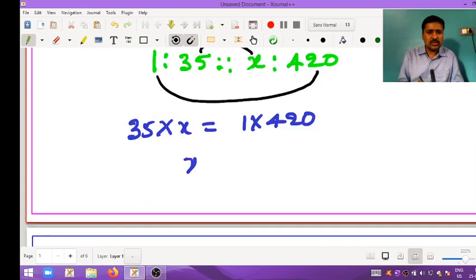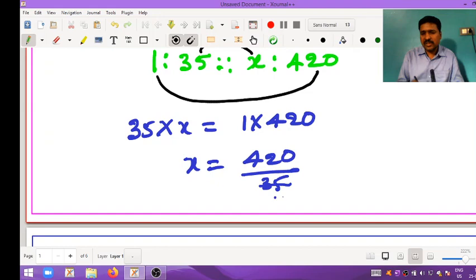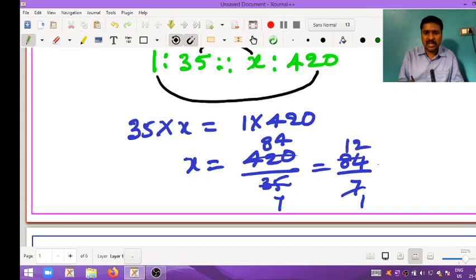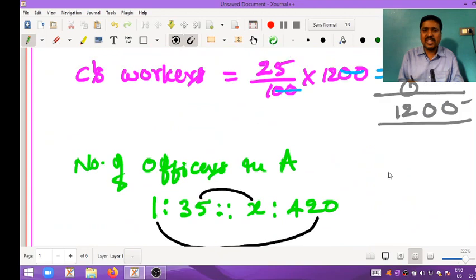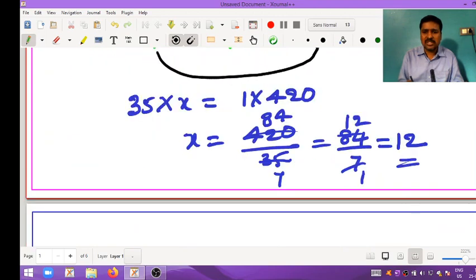So x is equal to 420 by 35. 5 7s are 35, 5 8s are 40, 5 4s are 20, so 84 by 7, 7 1s are 7, 7 2s are 14, so the number of officers in company A is 12.